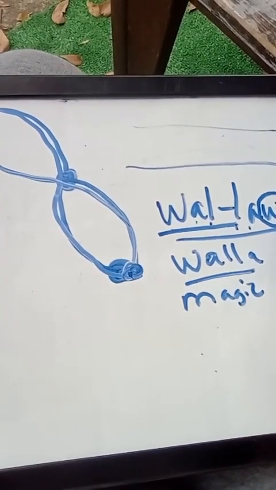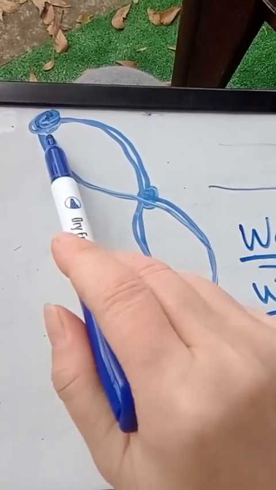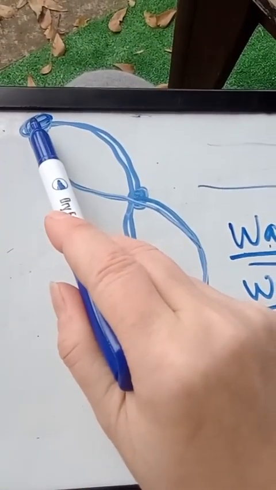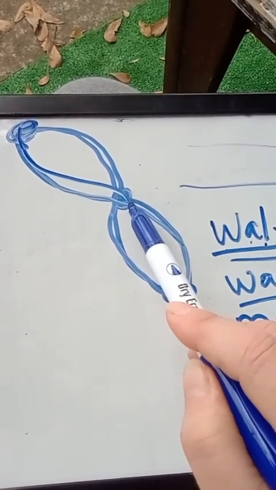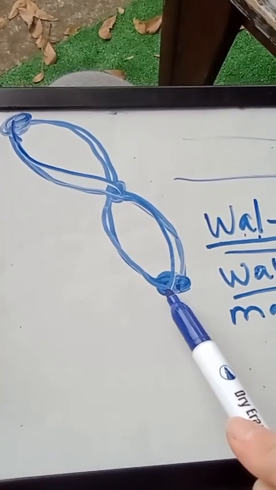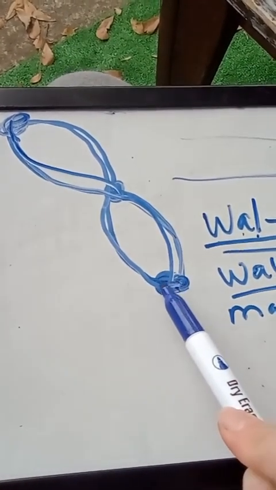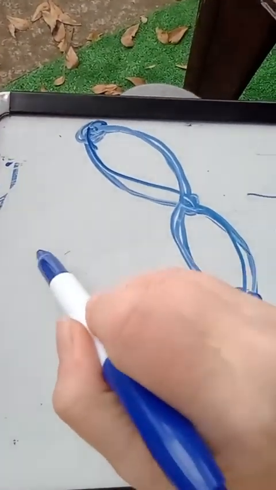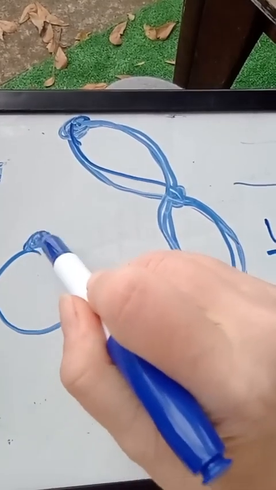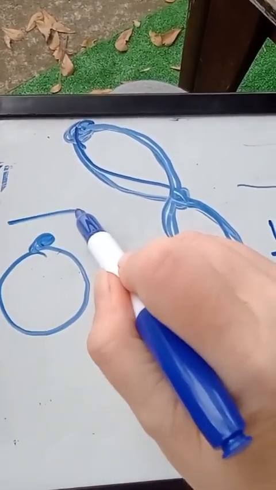So let's start it like this. When you get here, you start at water, right? And you come down to the air, land, air, water. And so water is always on the zodiac. Water is always considered at the top.